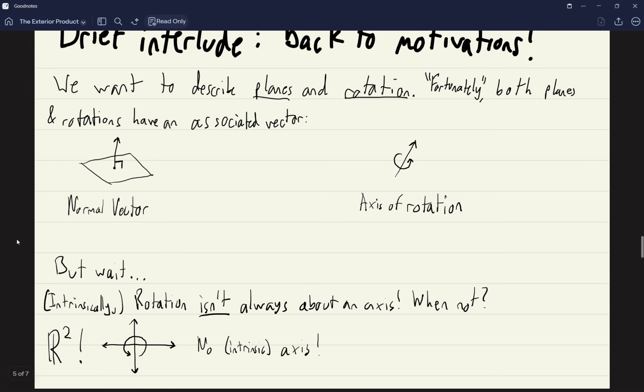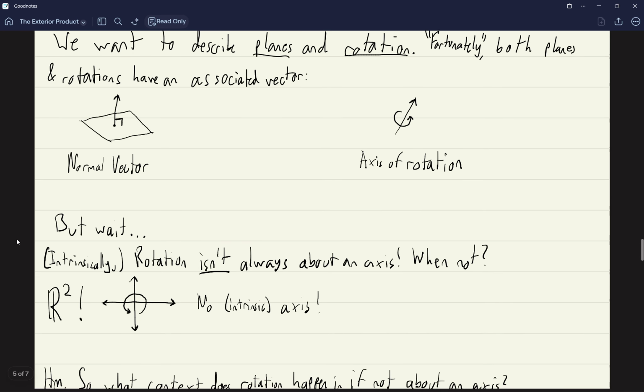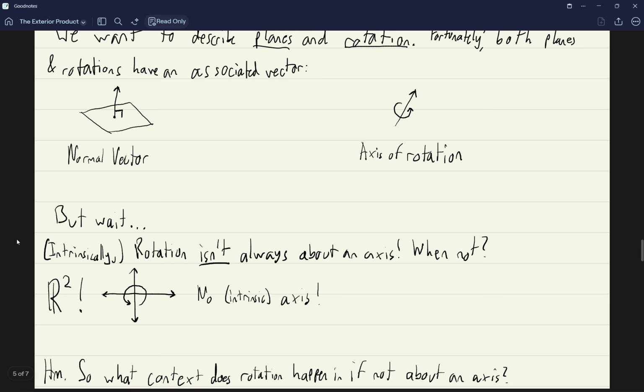There's no other axis. So the question then becomes, what should we be talking about for, say, rotation if axes aren't covering all of our cases? Well, we see that in this Cartesian plane, at least, we just have rotation without needing it to be about an axis.